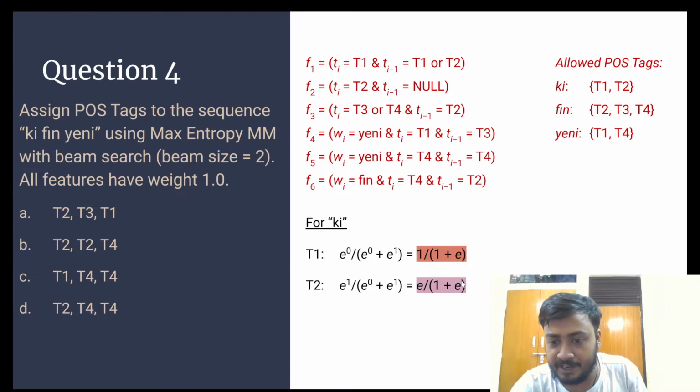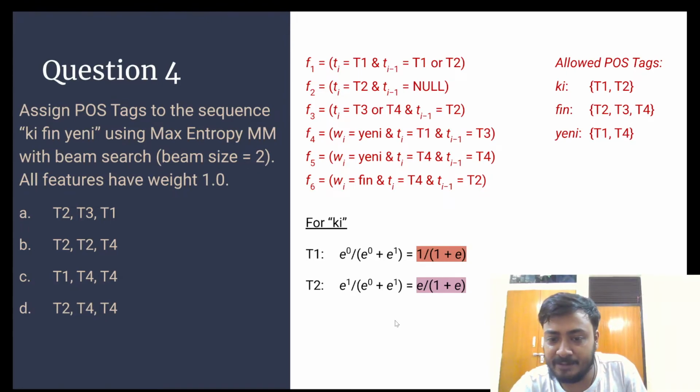I've given them different colors to denote them, as we will be needing them in the next stages. Now for key, they have said that there are only two possible tags, and so we have two possible values. They have said that the beam size is 2.